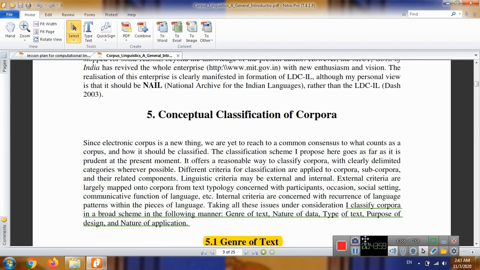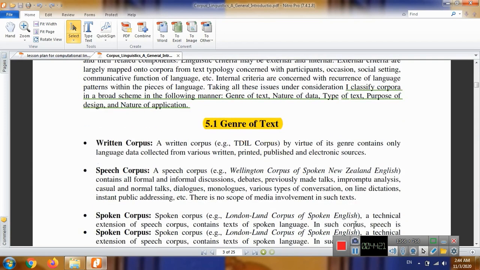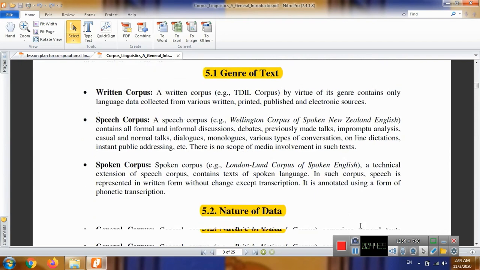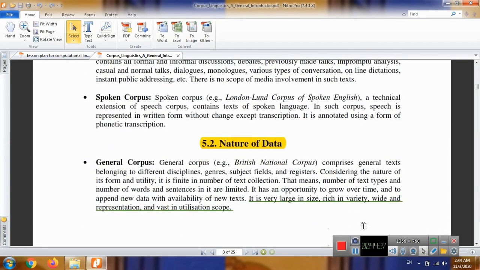According to conceptual classification of corpora, we have genre of text, nature of text, nature of data, type of text, purpose of design, and nature of application. For genre of text, we had written corpus, speech corpus, and spoken corpus, which I defined for you.